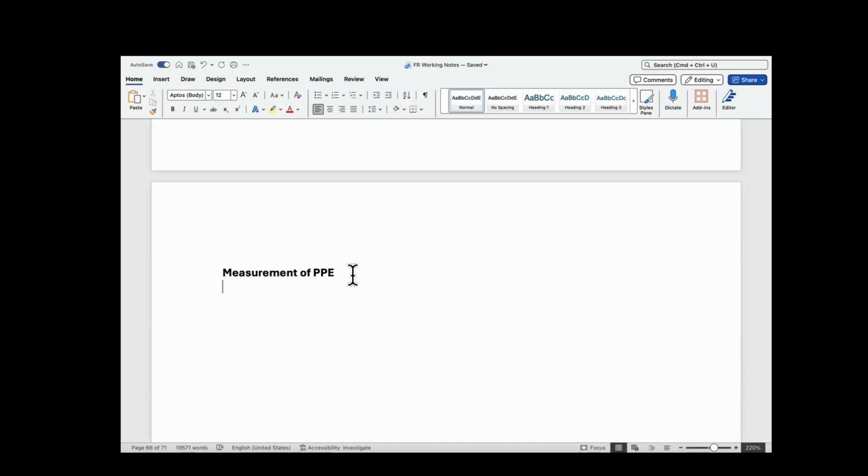So the approach to measurement of PPE involves determining it at two levels. Number one, you will determine initial measurements.